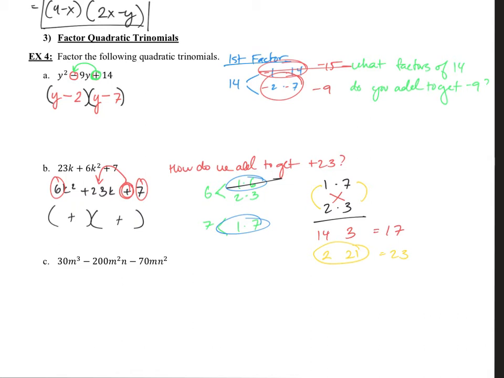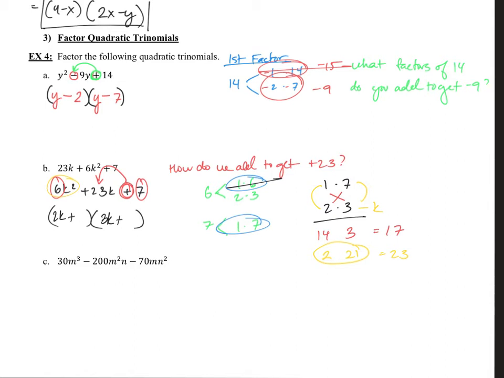Now the question is, where do we put them? Well, remember, the 2 and the 3 came from the 6, so these are the k values. And we put the k values first, so we have a 2k and a 3k. And then after that, the 1 and the 7 came from the end value that does not have variables.